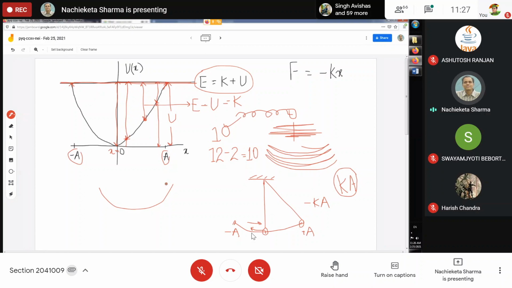And if you leave a marble, then the marble will also try this type of oscillation, a simple harmonic oscillation. So my question was, what are those two properties due to which this type of back and forth motion is possible?